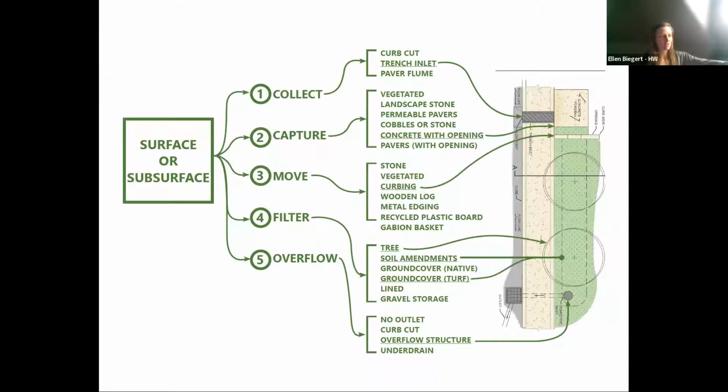And just a graphic to show how it works. When you start with surface to subsurface, you look at each of the components, and then each of the components breaks down into individual selections that you can make that would then come together and create the typical layout for the site that would be selected for your individual site.